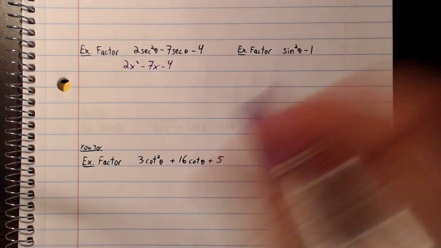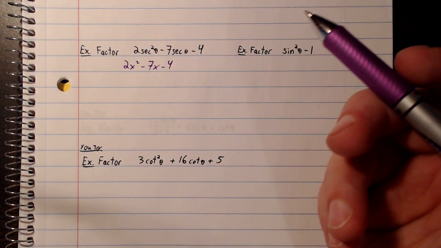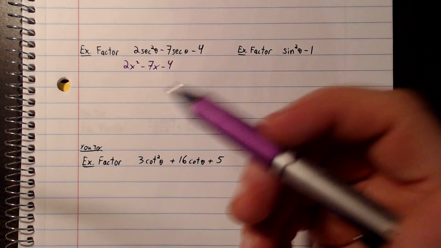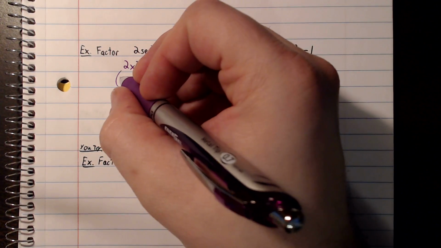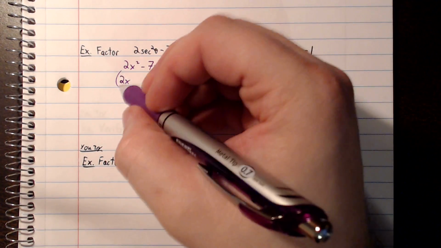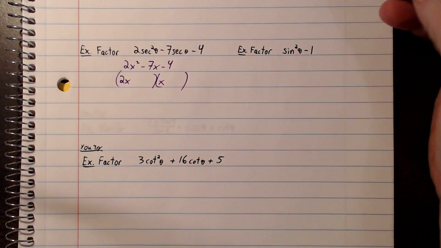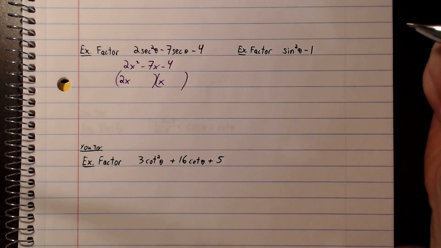Now, you don't technically have to do this, but I think it's easier to work with if it's written out with x's, right? Because now I can see that I need to factor this. I know I have to have 2x and an x here. There's no choice, right?